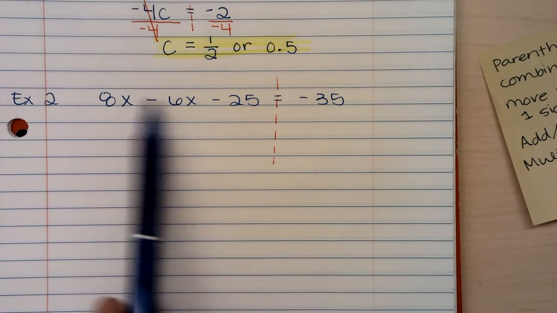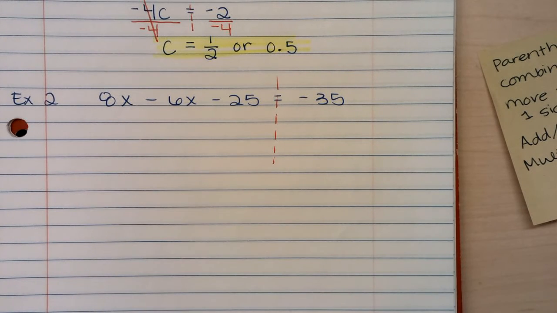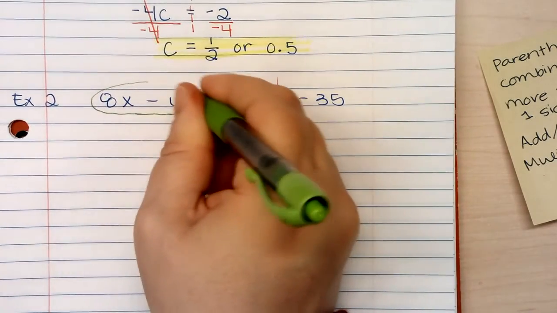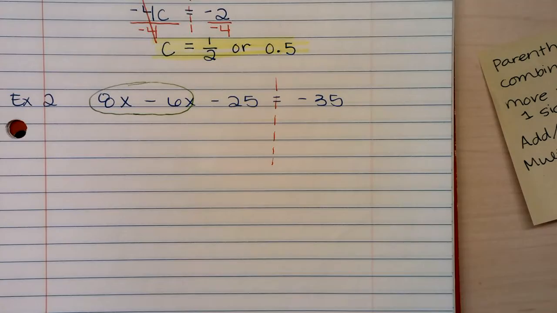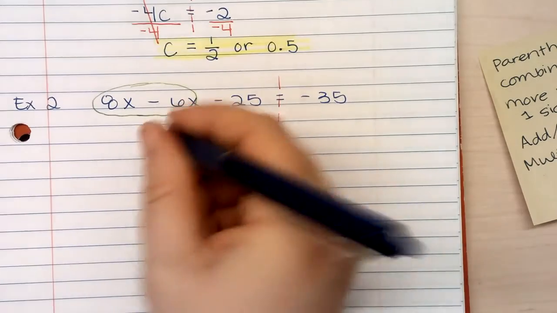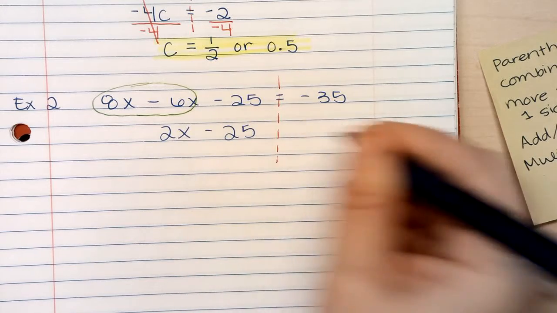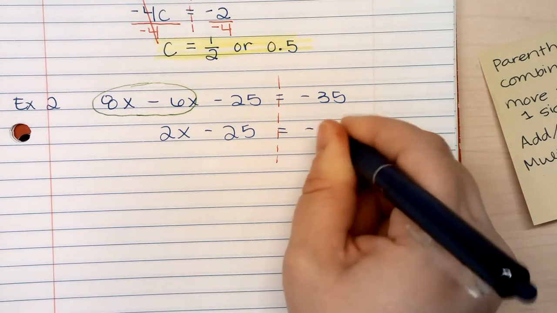I know that 8x and negative 6x can go together. They are like terms. I'm going to go ahead and circle those. 8 minus 6 is 2, so I have 2x minus 25 equals negative 35.